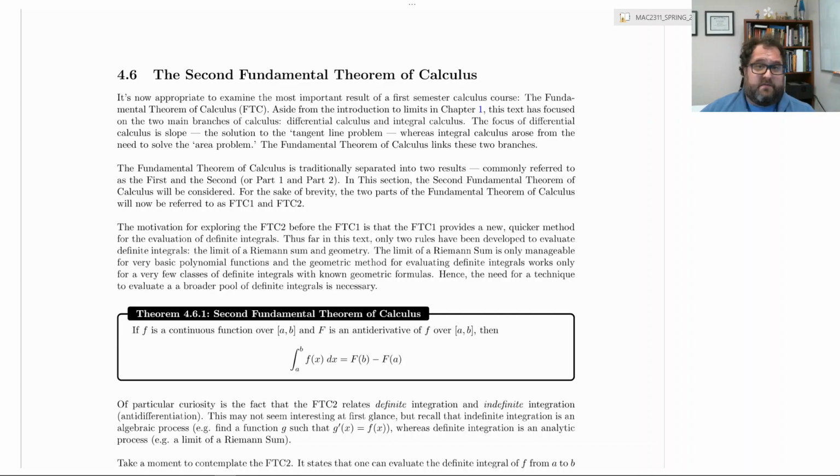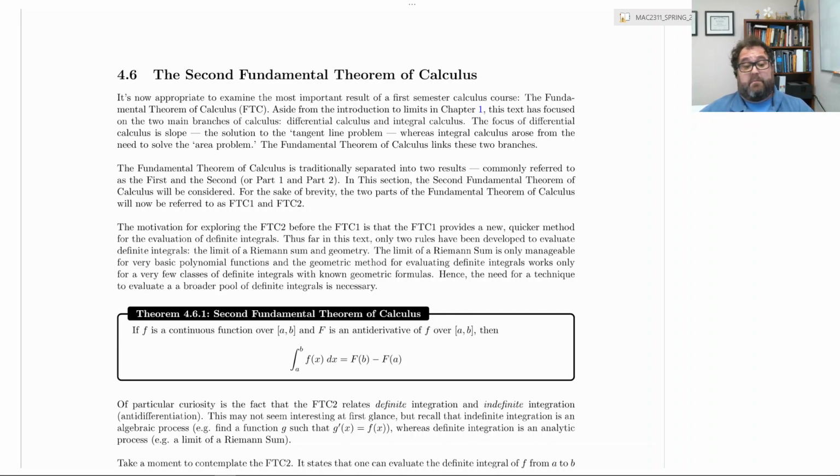Think about it. Thus far, if you want to evaluate a definite integral, you've got two options. You have a Riemann sum, a limit of a Riemann sum, which can be very challenging. Can be tedious, not impossible, but can be hard. And then the other alternative is geometry.